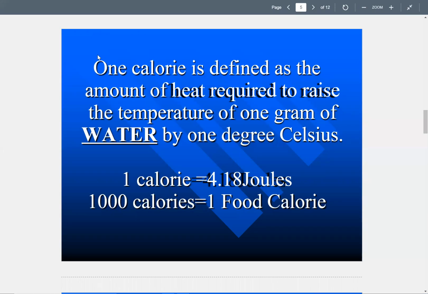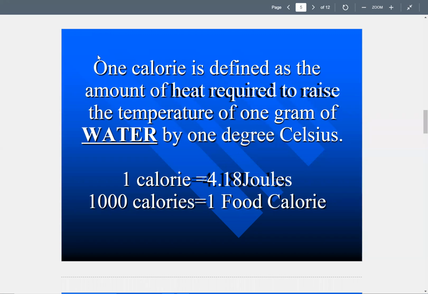So now I told you that the calorie is based on water, so they needed something that's based on everything, and that was the joule. But you can easily convert calories and joules. 1 calorie is 4.18 joules. Joules are used for everything. They talk about every type of energy. So if you have 1 calorie, you have 4.18 joules.